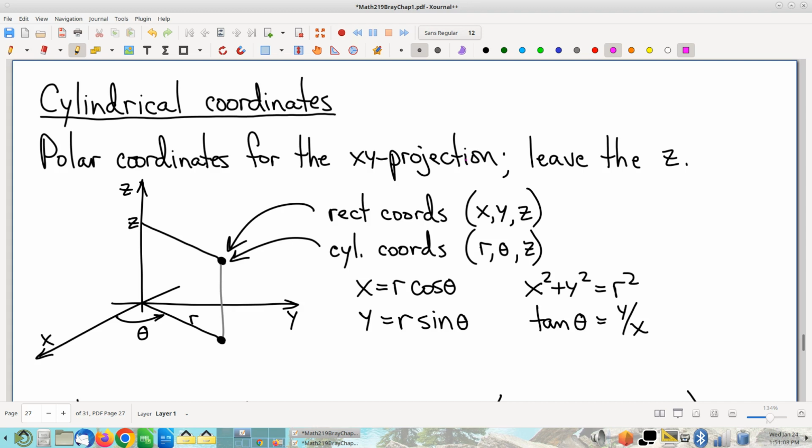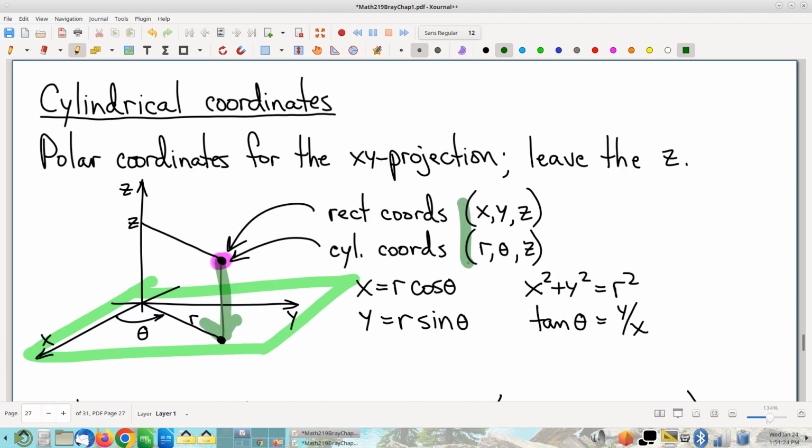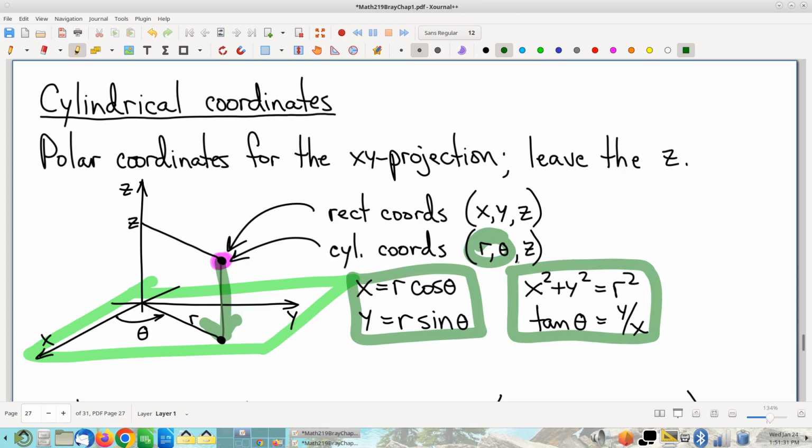That said, it is very closely connected to polar coordinates. After all, what we're going to do is, for any given point, first project straight down into the xy plane and then write down polar coordinates. And so all of these equations down here that we already knew from polar coordinates still make perfect sense for cylindrical coordinates as well.